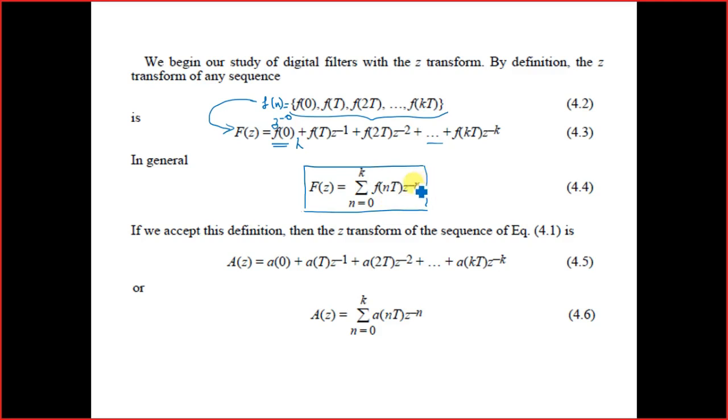Okay. Now, if you look over here, this is a limited case of Z transform.